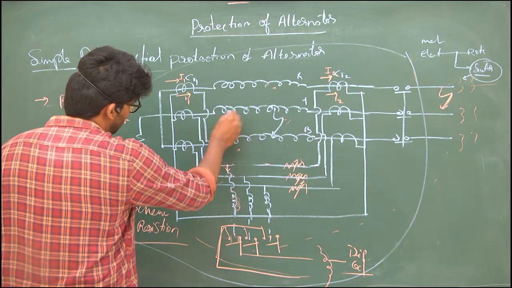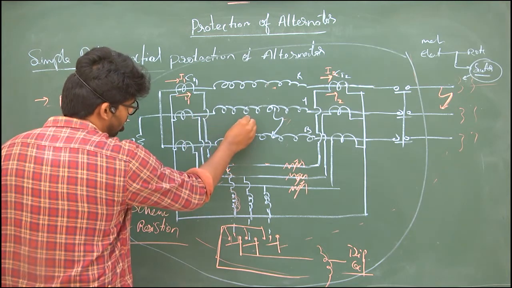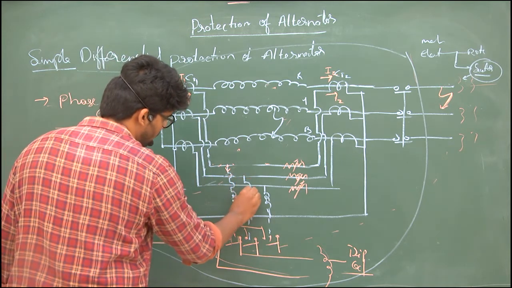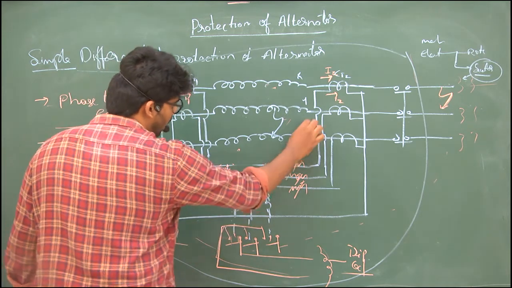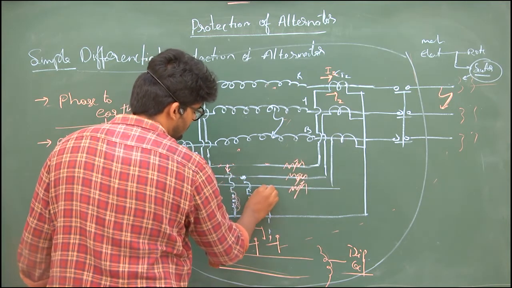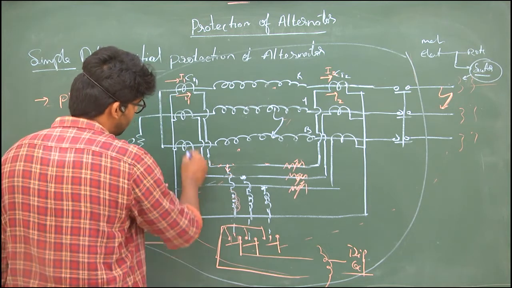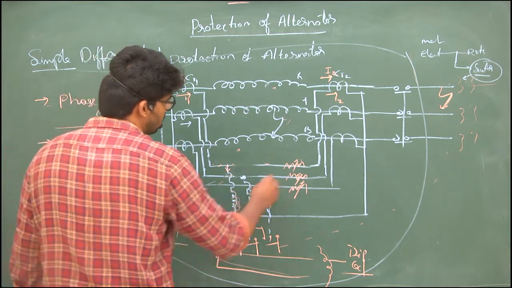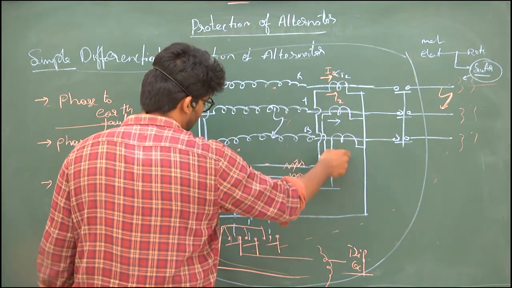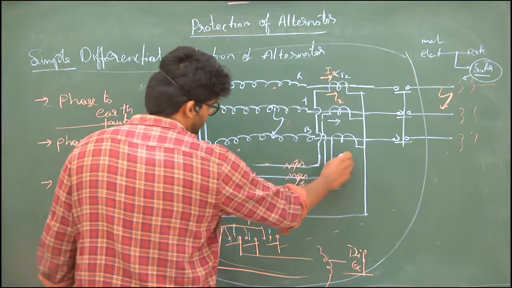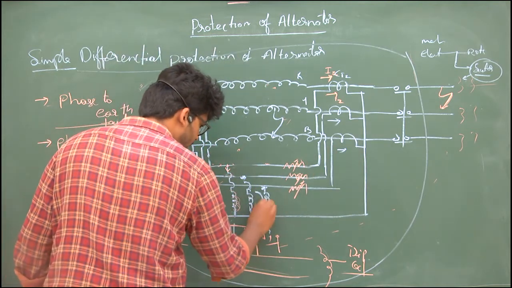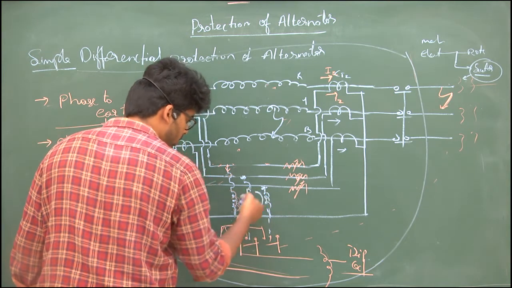The CT for this phase is connected to this coil, and the CT of this other phase is connected to this one. If a current I is flowing, there is a possibility of a differential current flowing across this loop.